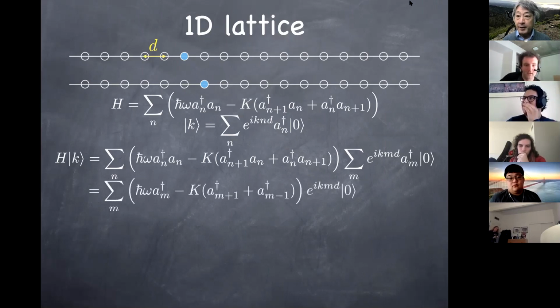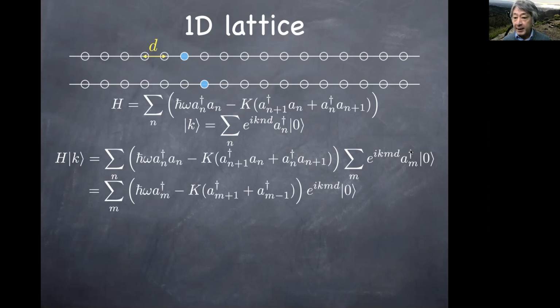Then that's easy to do, right? If you have a particle at site m, the only piece that contributes for the first term is when you annihilate the particle at site m. If this n is a different site, then a_n and a_m dagger would commute, and then a_n is acting directly on the vacuum state, and by definition the vacuum state gets annihilated by the annihilation operator, so that's 0 and it doesn't contribute to the result.